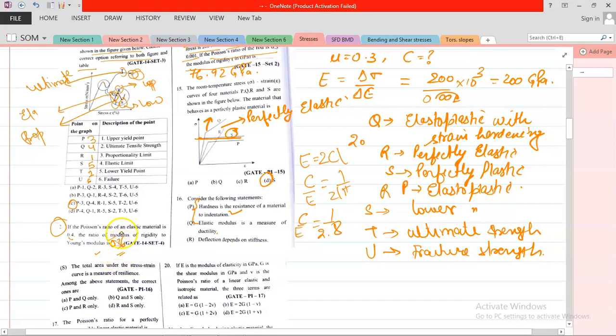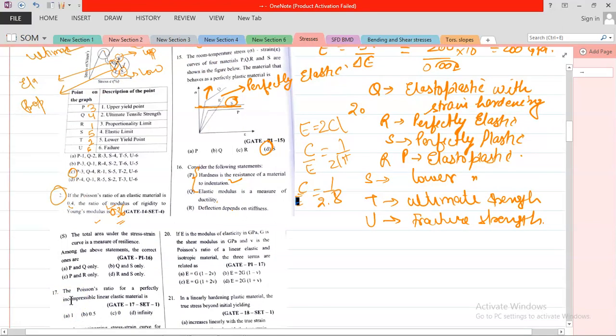It is asking which of the above statements are correct. So first of all, elastic modulus is a measure of ductility. Now considering the second thing.